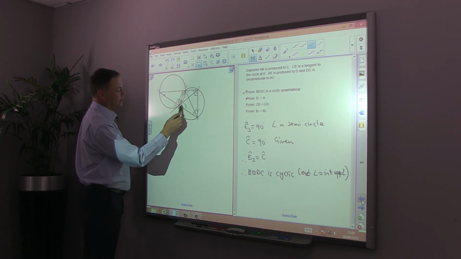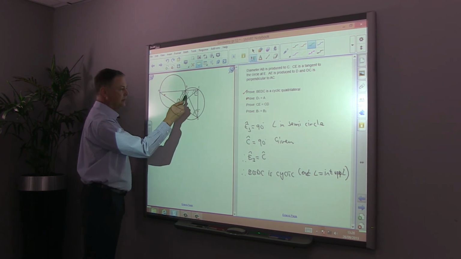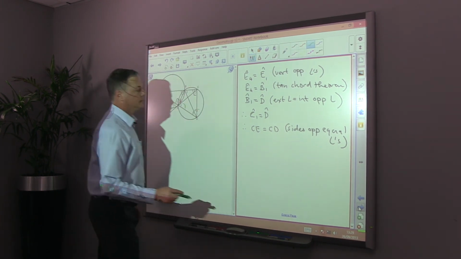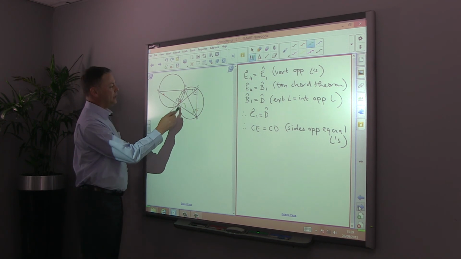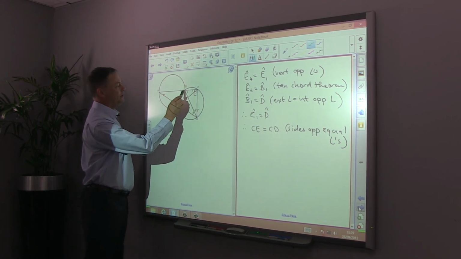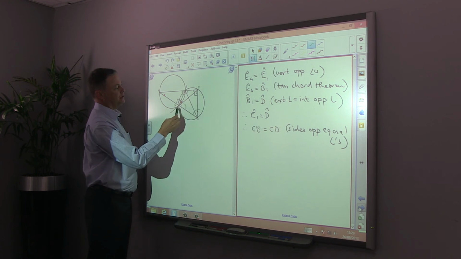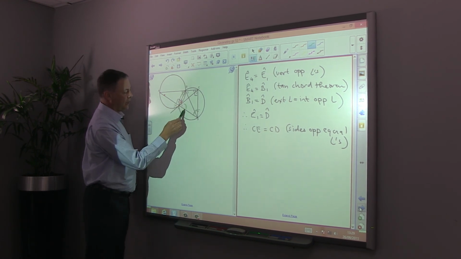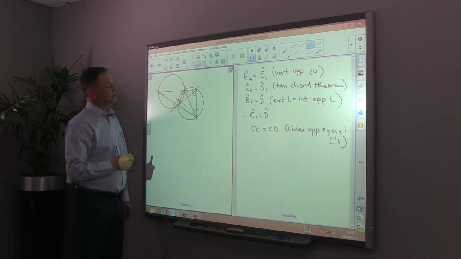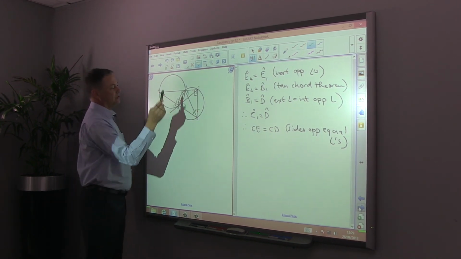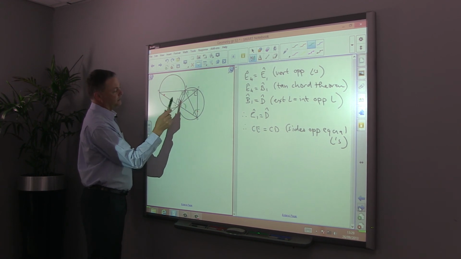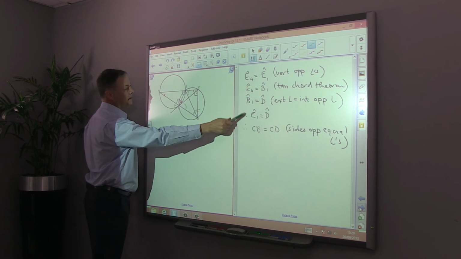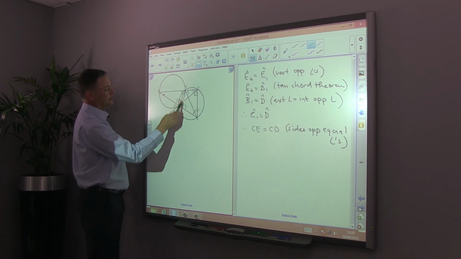So E1 equals B3. If you've got to prove that E1 equals B3, you've already proved that this is cyclic. I've drawn the circle around it to show it. B3 equals E1 because they are angles in the same segment. So you've got E1 equal to B1, proved earlier. Well, you can see that it is.